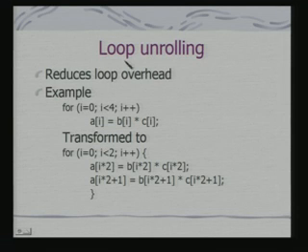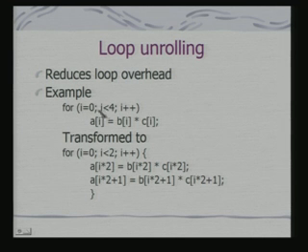The simplest form of this transformation is loop unrolling. This is an example to explain loop unrolling. The objective of loop unrolling is to reduce loop overhead. This is a very simple loop. Now what is loop overhead?